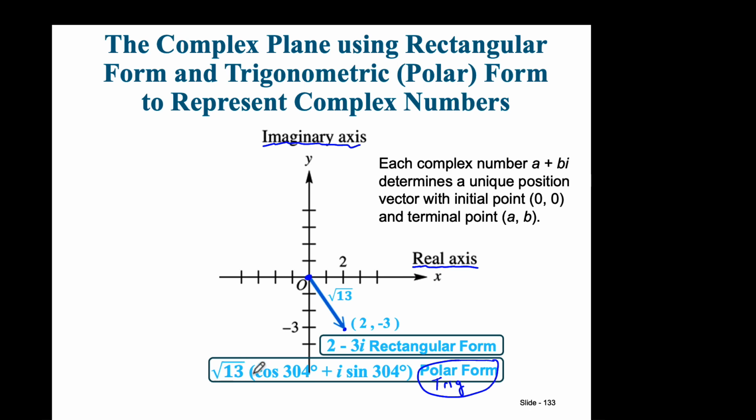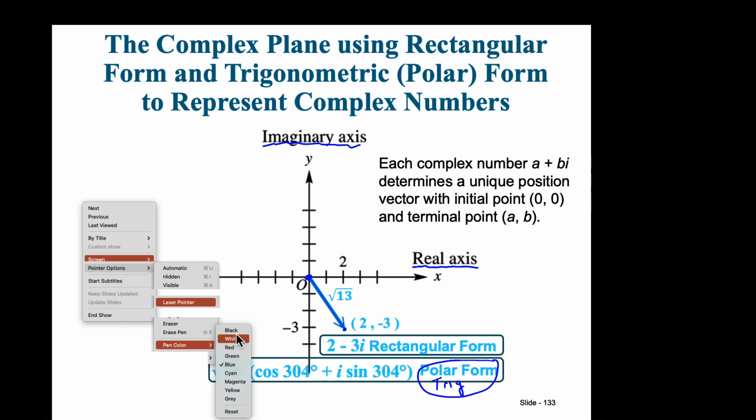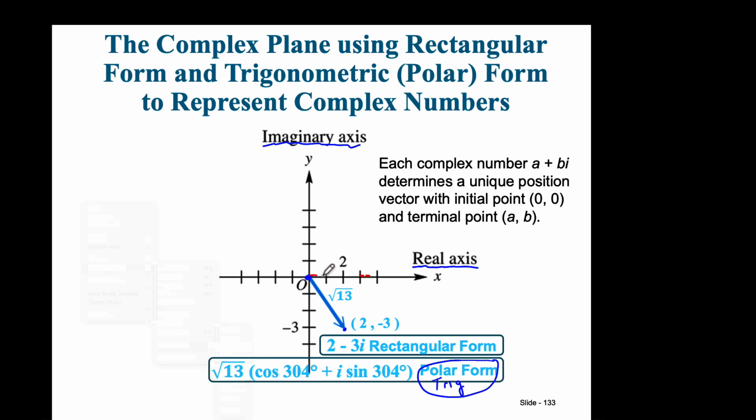Radical 13, that's the radius or the length of this vector. So you would go out radical 13, and then you would go in a circle 304 degrees. Let me change colors. It would look something like this, going out a distance of square root of 13, that being our initial side, and then rotating that till it hits the terminal side, and that would be a 304 degree angle, if we're talking degrees.